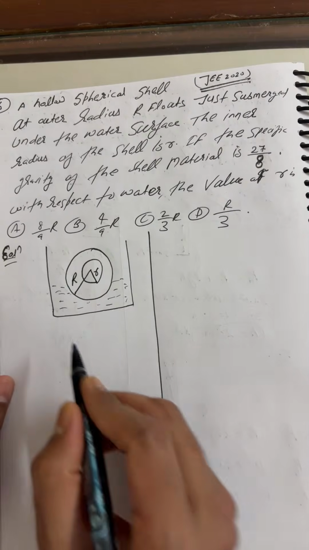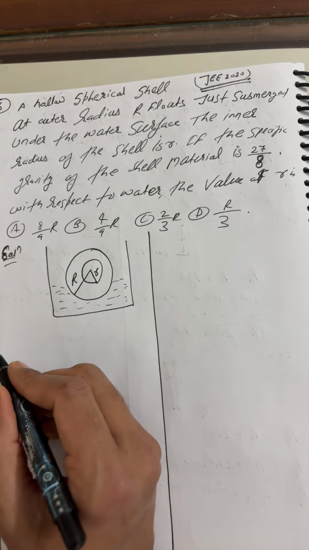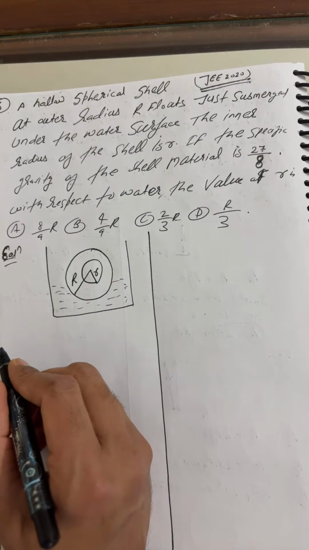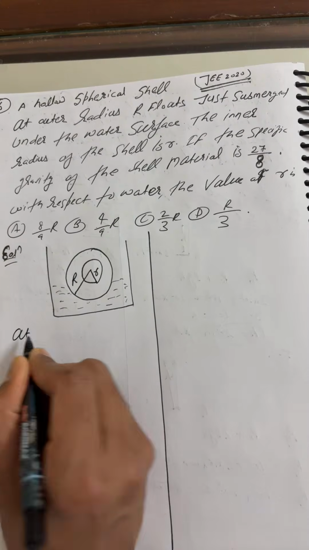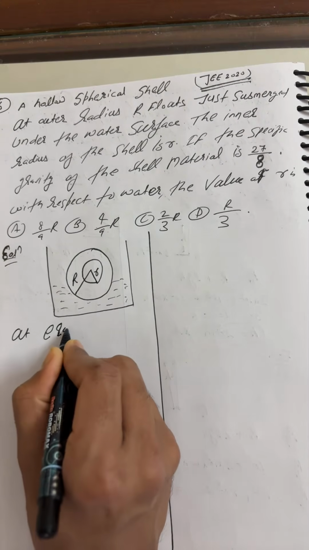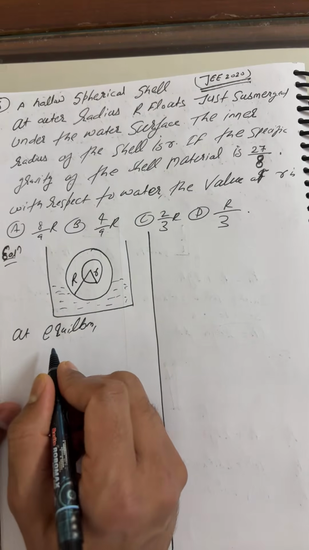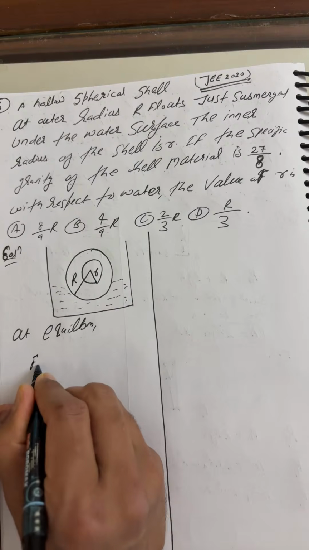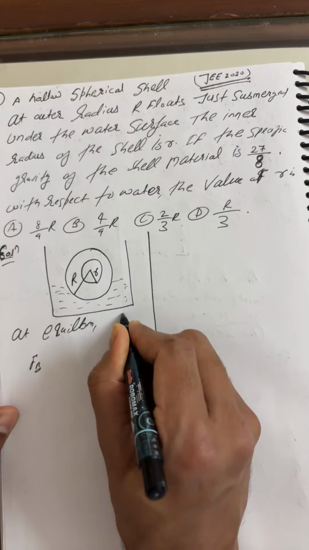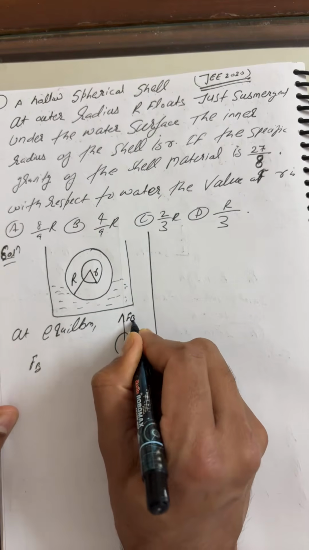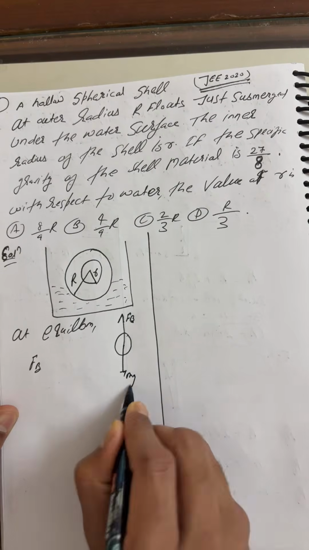Very simple here. The condition of floating: the system is in equilibrium. At equilibrium, the buoyancy force F_B acts in the upward direction, and this is the mg force.